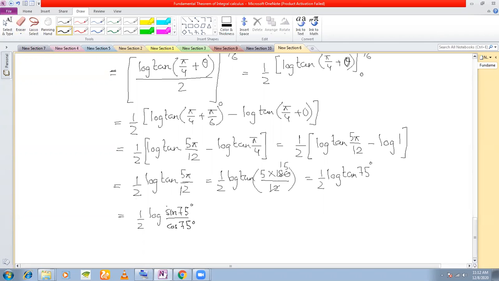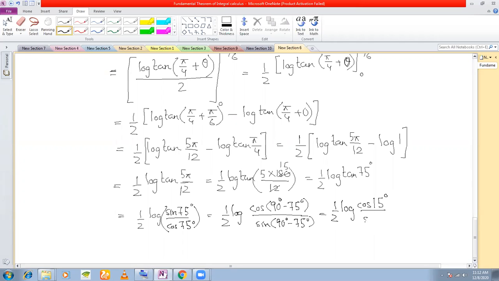What is sine 75 degrees? Sine 75 degree is the same as cos of 90 minus 75, which is cos 15. And if you remember, in class 11 I had told you that you should remember sine 15 and cos 15.